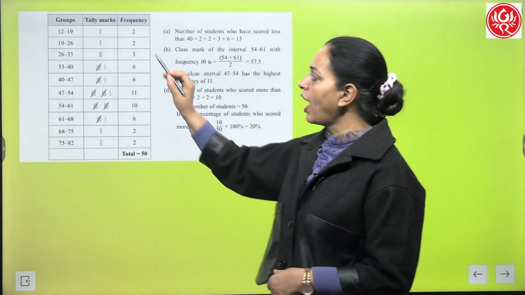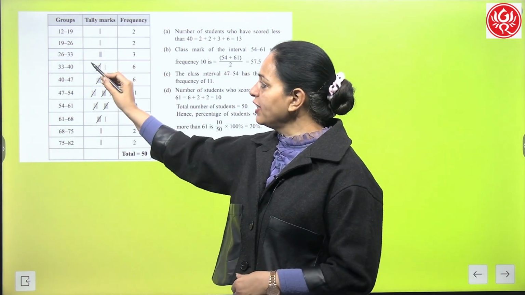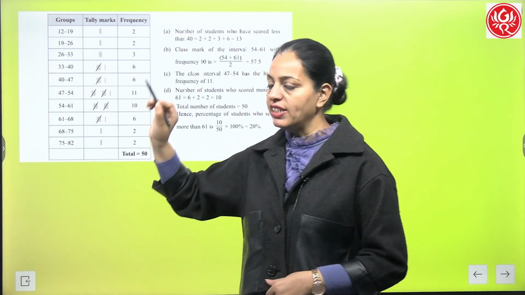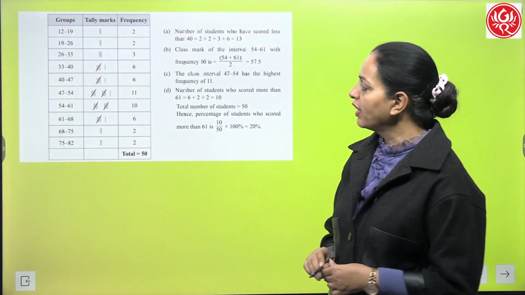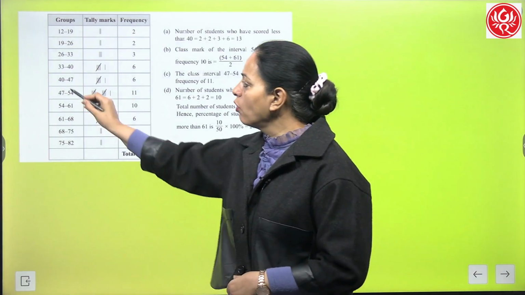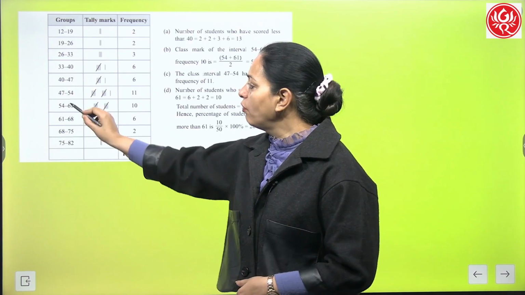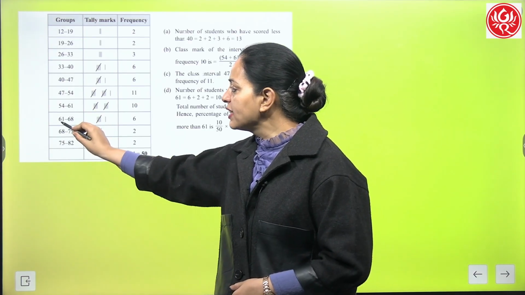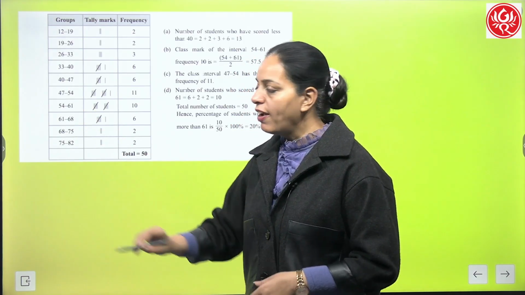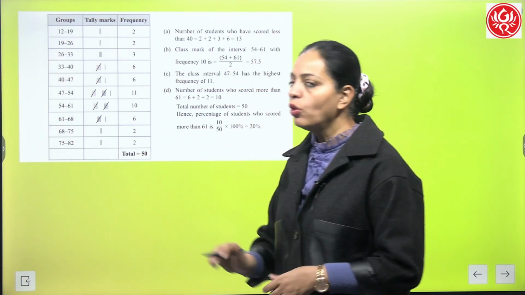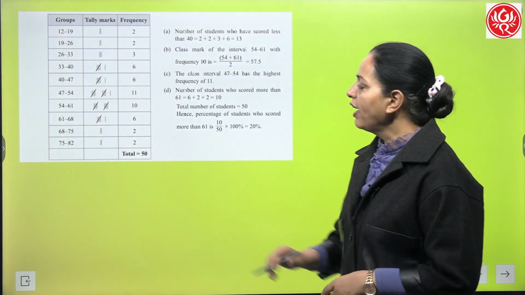So 12 to 19. Then 19 to 26. Then 26 to 33, 7 difference. Then 33 to 40, 40 to 47, 47 to 54, 54 to 61, 61 to 68 and 68 to 75 and 75 to 82, okay.